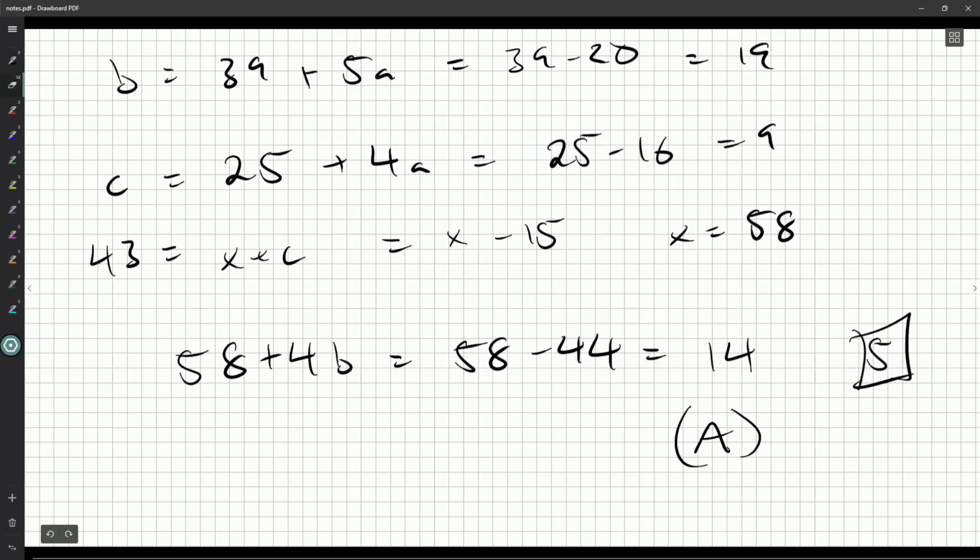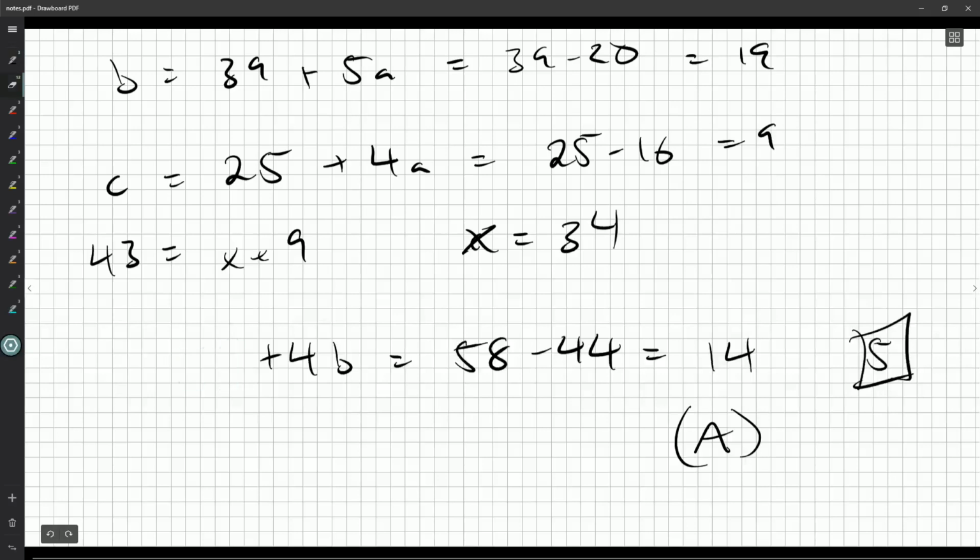So if that's the case, if C is 9, then our value for X should be 30, oops, not 39, 34. Okay, so 34 plus 4B, and B is 19.